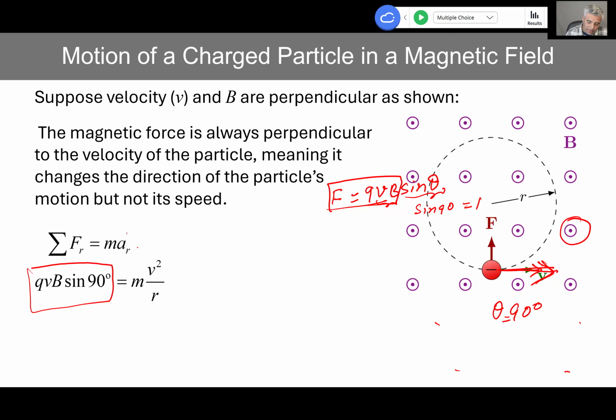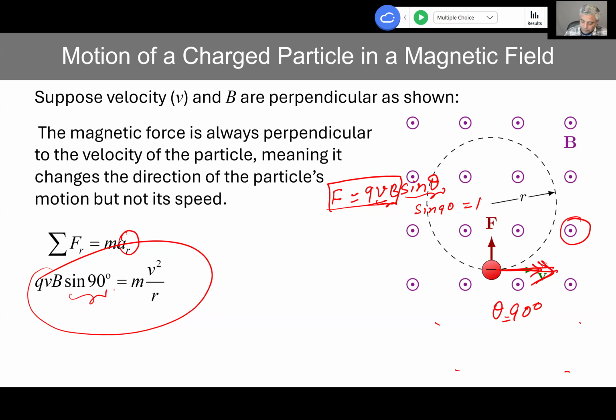So I can replace the force by this, and the radial acceleration is v squared over r. Now you can rearrange this to solve for anything you are asked to find.